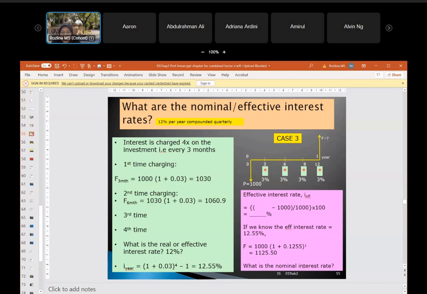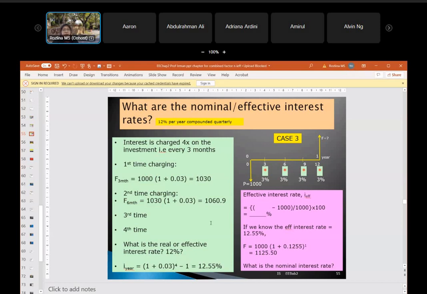Okay, what is the nominal interest rate? In this case, what is the nominal rate? Effective rate is 12.55%. But for the nominal interest rate, what is the percent? Nominal means simple calculation. If you have 12%, just divide by 4 times.